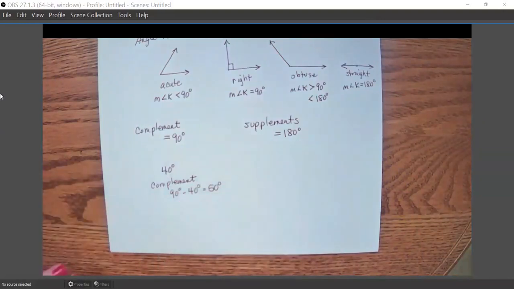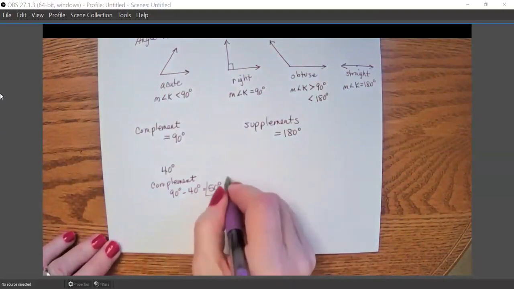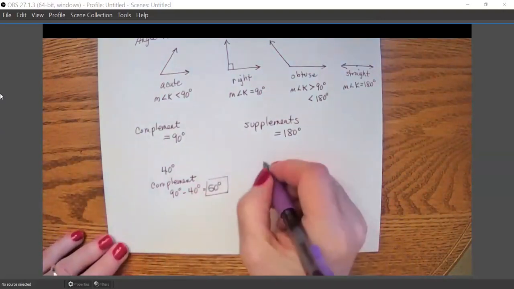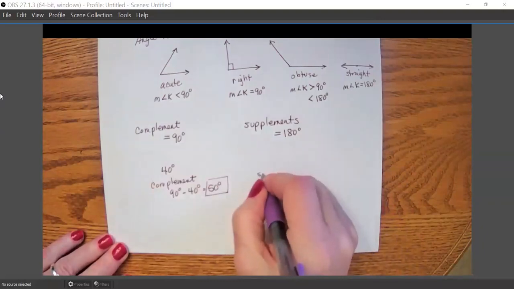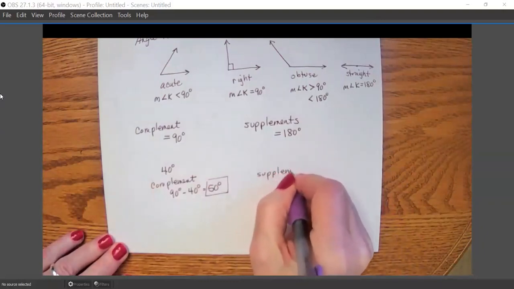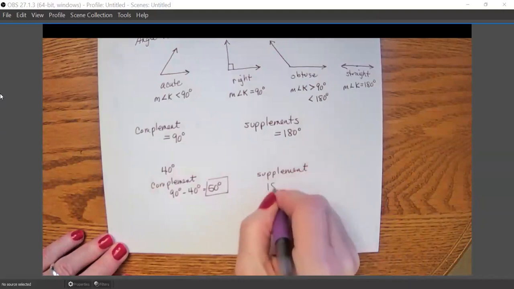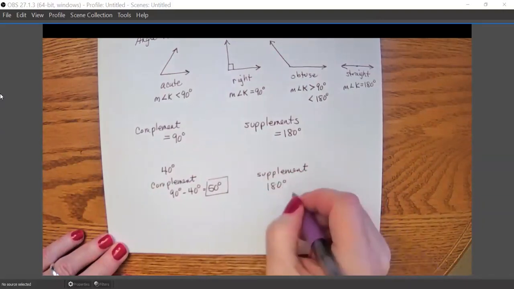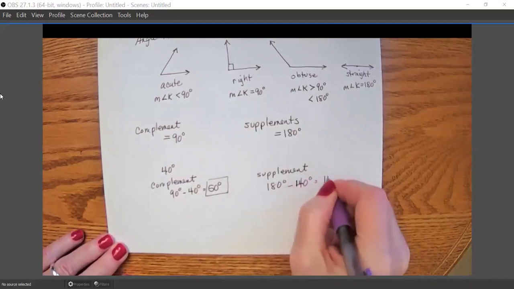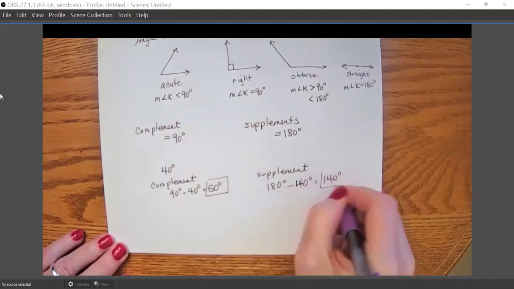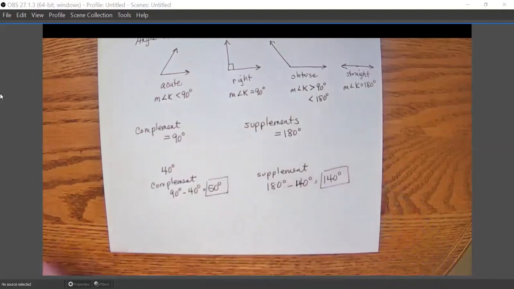The measure of the complementary angle would be 50 degrees. If we want the supplement of a 40-degree angle, that would be 180 degrees minus 40 degrees. That would be a 140-degree angle. So that's example 1 on page 121.